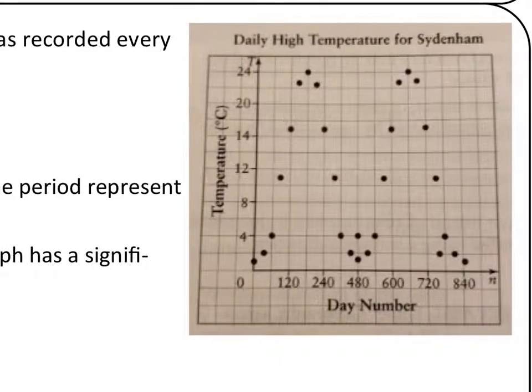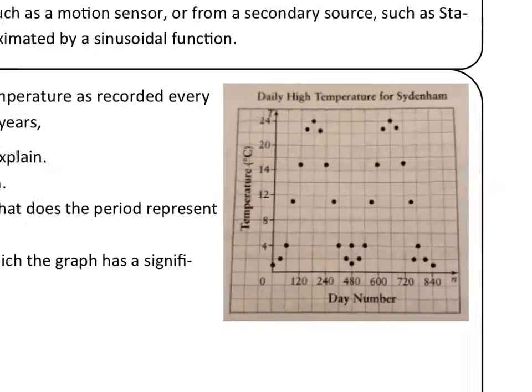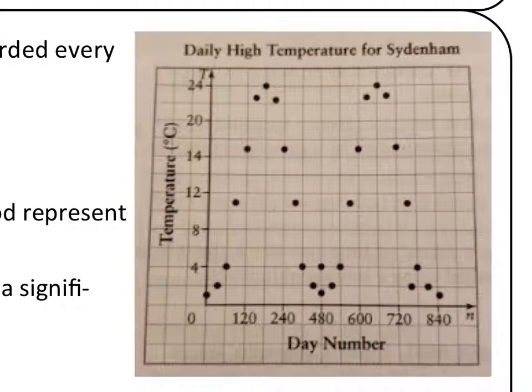And the first question says, does this appear to be periodic? And explain. So just looking at it, I notice that this graph, if we connect the dots, goes up, comes back down, goes back up, comes back down.